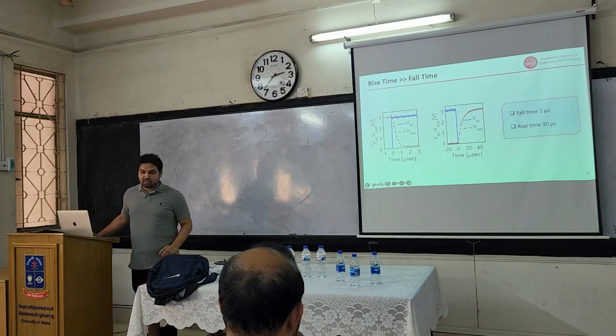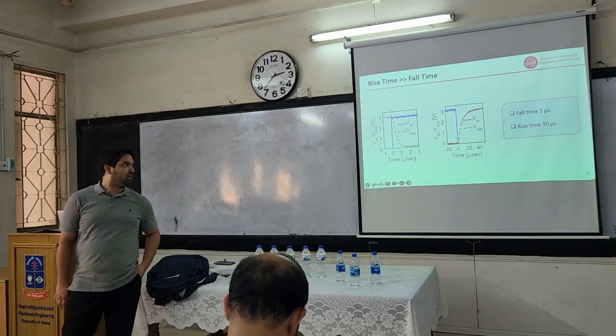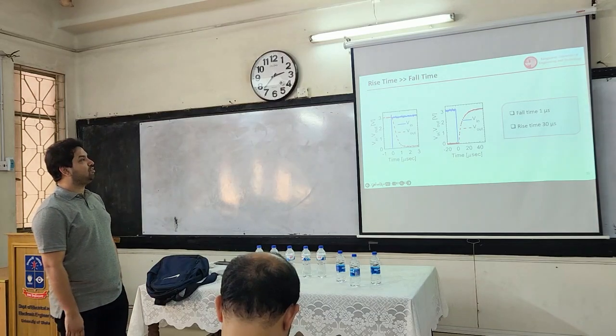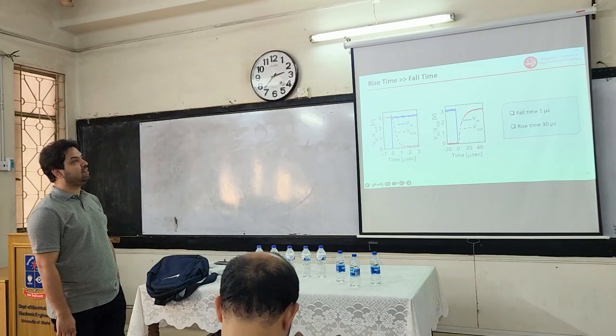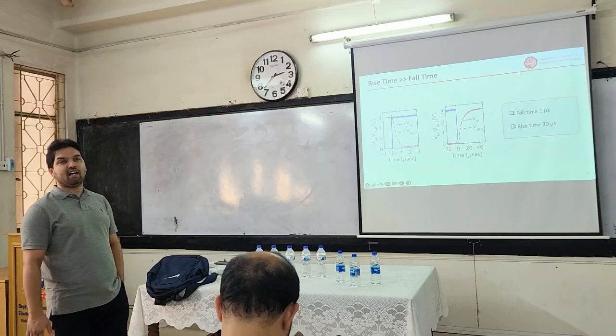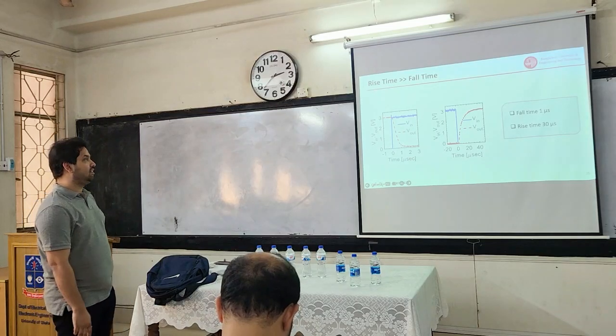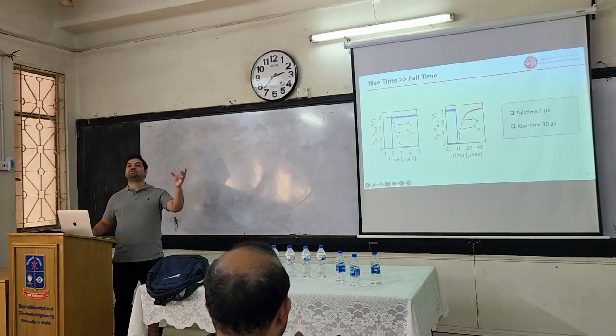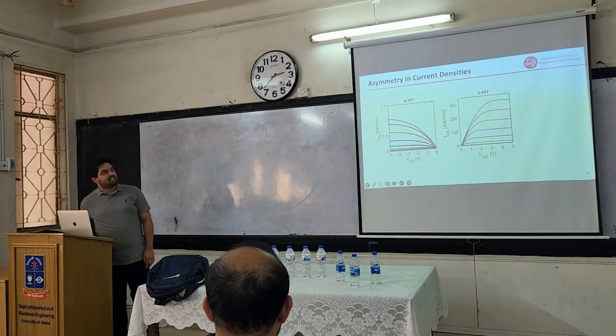But we had some problems. One of the major problems is that if you look at the switching, the rise time is much higher than the fall time. That is not what you want because that is going to limit your switching speed. So why is that?